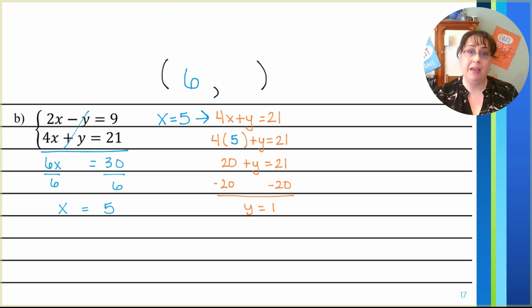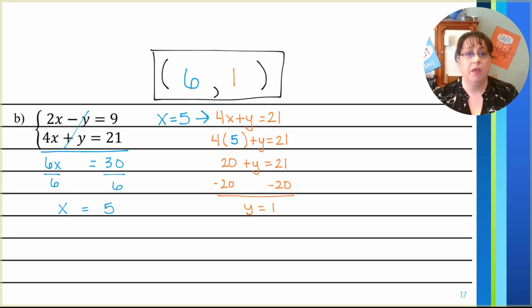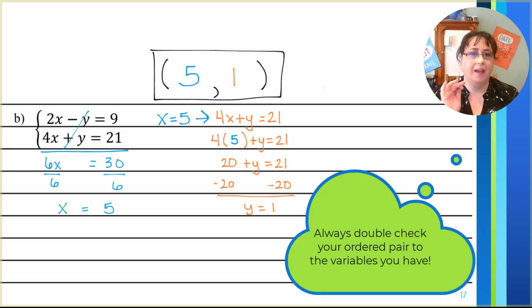And so don't forget, where does that have to go? That has to go up into that ordered pair. Don't forget about the ordered pair. That's the most important part. If we don't get it up into the ordered pair, then we didn't finish, and then we, bummer, have the incorrect answer. So 6-1 is our answer. Whoops, I mean 5-1. I wrote the wrong thing down. 5-1 is our answer.